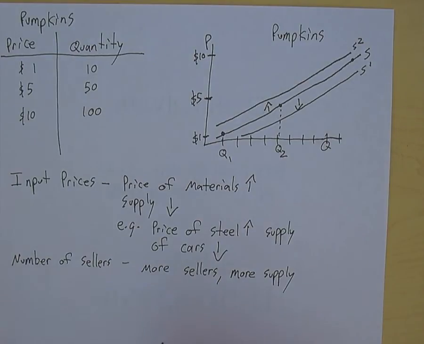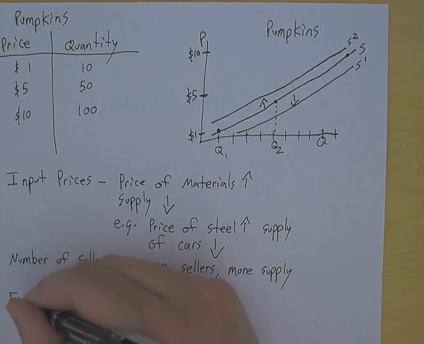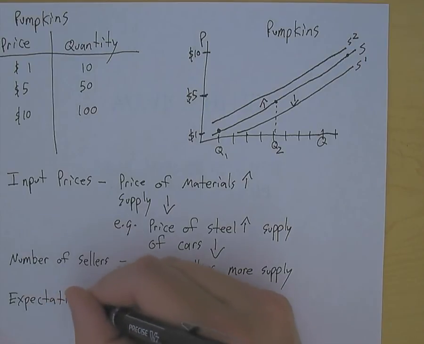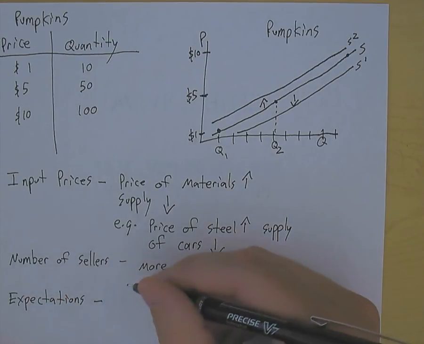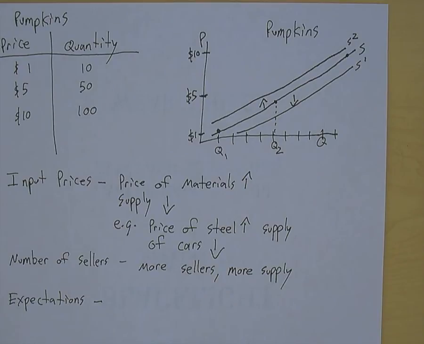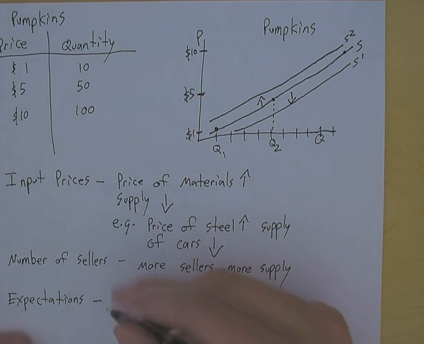The third one is expectations. Let's say it's Black Friday, the day after Thanksgiving, and you expect lots of people out doing Christmas shopping. Are you going to charge a lower price then or a higher price then? It's expectations again.